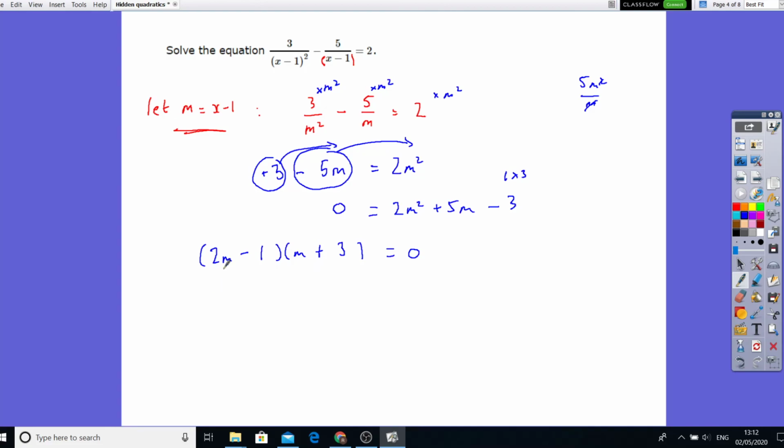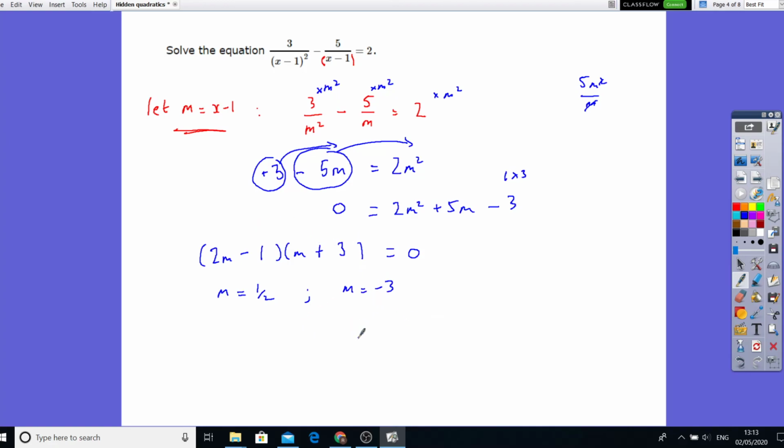So I'm going to say 2m equals 1, so m must equal a half, because if I put a half there, double a half is 1, 1 take away 1 is 0, 0 times anything will give me 0. Or you could have m equals minus 3. Now minus 3 plus 3 is 0, 0 times anything is 0, so there we go.